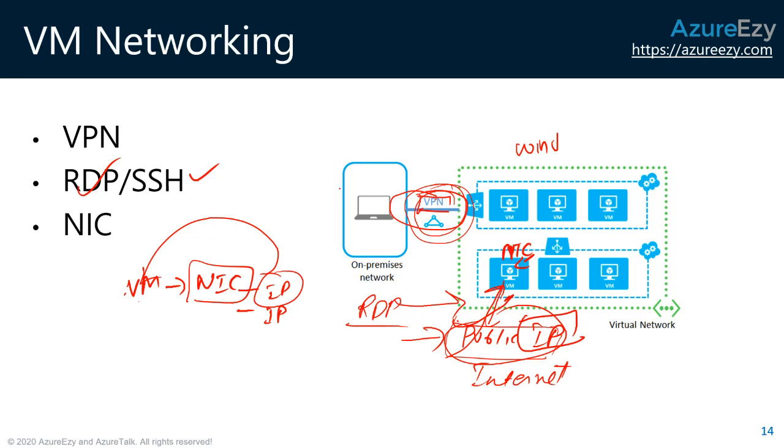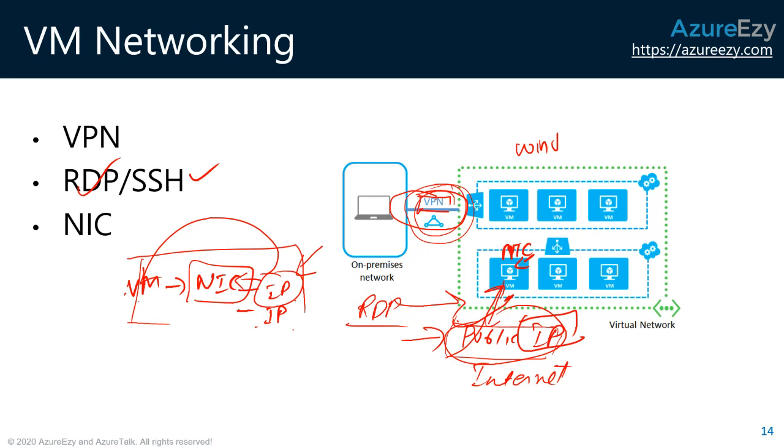Now, this is more relevant from the infrastructure point of view, but from the developer point of view, you should be aware that these IPs are connected with the NIC card. Sometimes you might be configuring or debugging it, and as the culture of DevOps comes into the picture, you might be debugging it with some of your administrator friends sitting together. This is how it is going to be in the coming future.